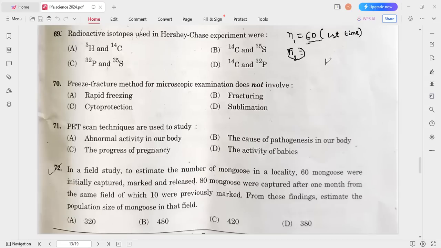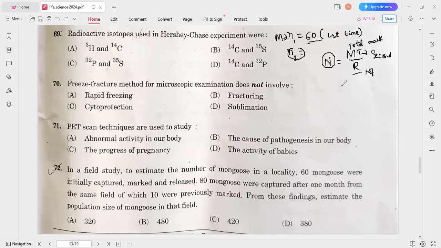The next one is N equal to MT by R. Here N is the population size, and M is the total marked, which is nothing but N1, that is 60. T represents the total recaptured on the second visit. In the second visit, how many mongoose were recaptured? And R represents the number of marked recaptured.